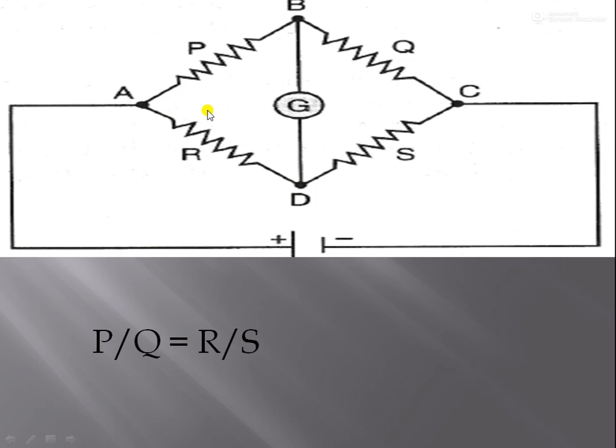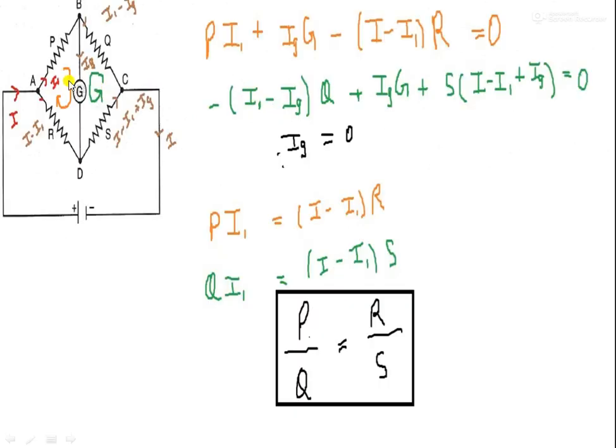Now the next thing that you have to do is apply Kirchhoff's loop rule, which was explained in the last video regarding Kirchhoff's rules. So there are two loops. First is this, second is this. I am taking the clockwise direction in this first loop.